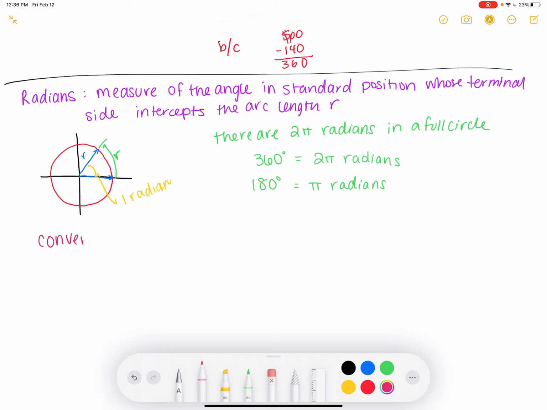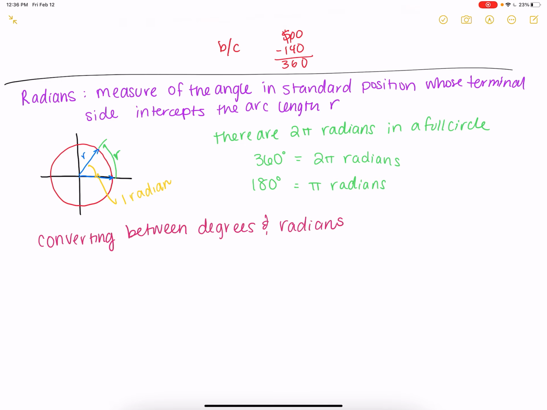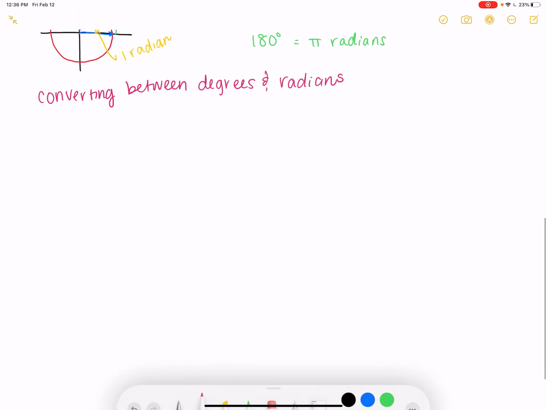Converting between degrees and radians. So a lot of times you'll have a problem that'll say, if the problem is given in degrees, what is it in radians, and vice versa. So what does that look like here?